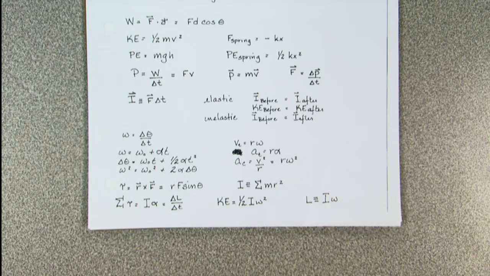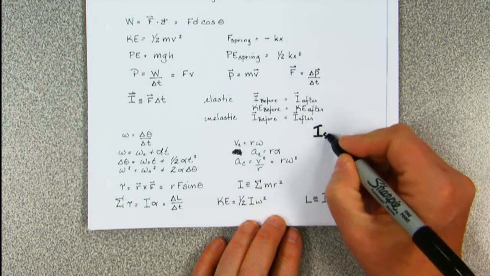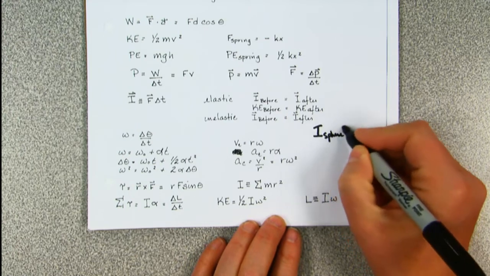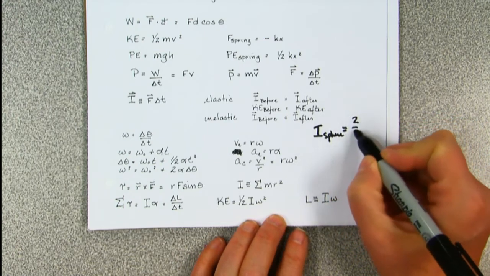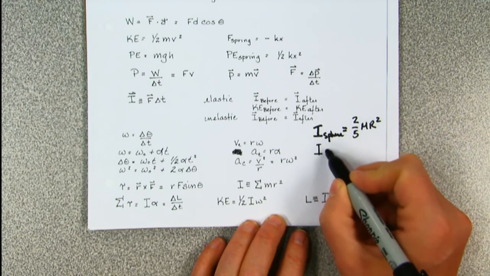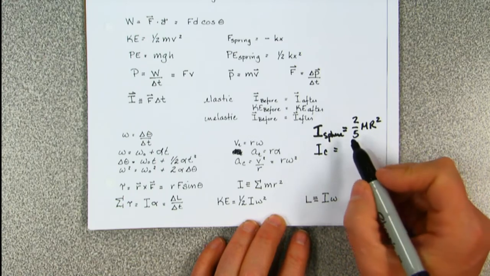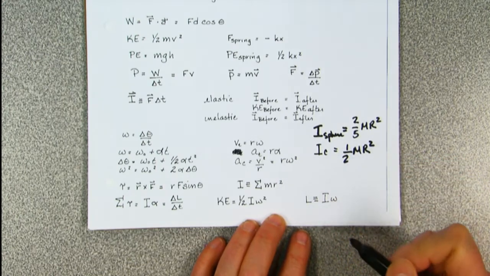The things that are missing on this that I would now include would be I of a sphere. I of a sphere is 2/5 mr squared. I of a cylinder is 1/2 mr squared.